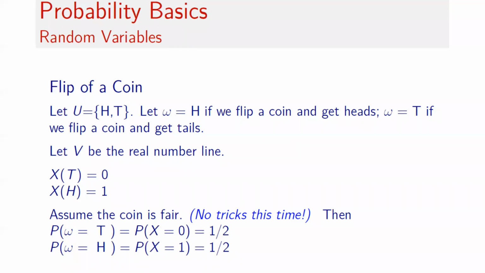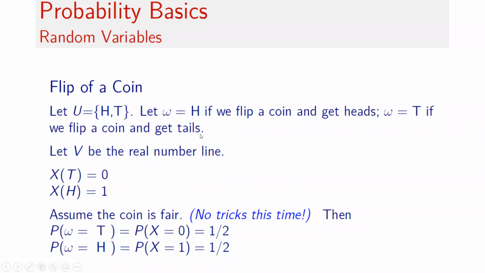Let's start with the coin flip. Our universe is heads and tails, true? Because the coin has only two sides. So the universe is capital H and capital T. We let lowercase omega equal uppercase H if we flip a coin and get heads, and omega equal uppercase T if we flip a coin and get tails.